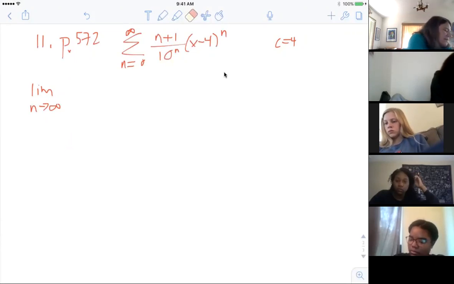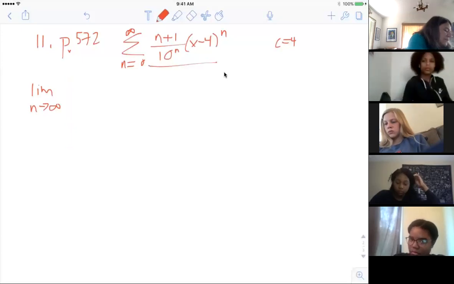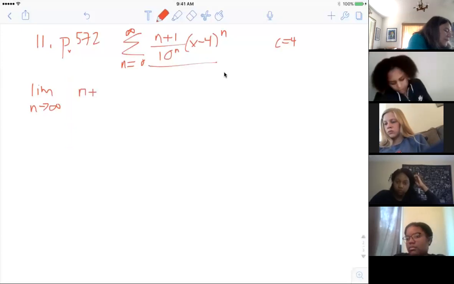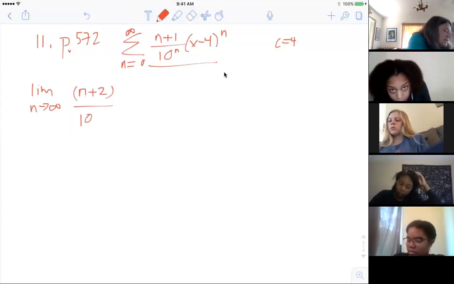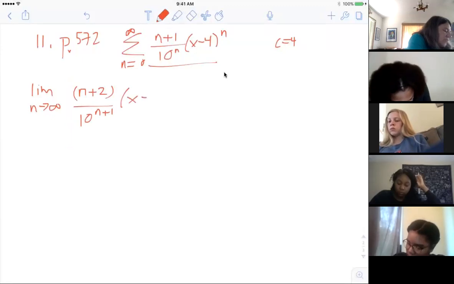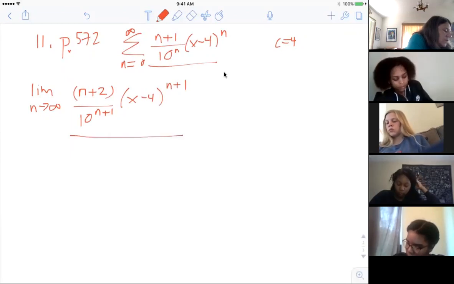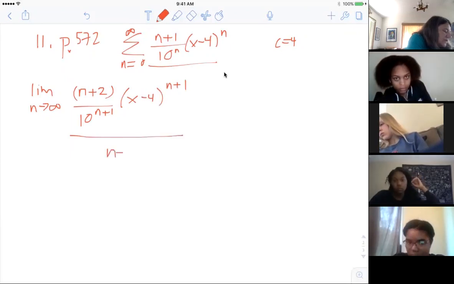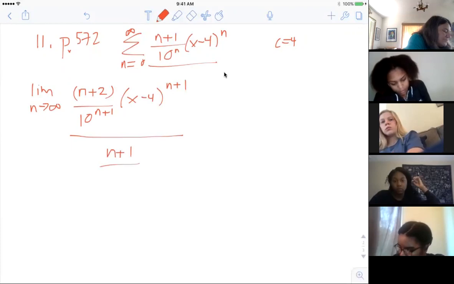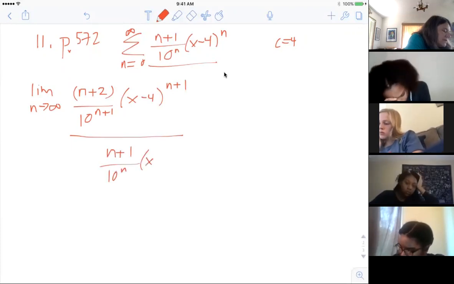So first of all, I'm going to plug in n plus 1 everywhere here. So that'll be n plus 2 over 10 to the n plus 1 times x minus 4 to the n plus 1, all over the series itself, n plus 1 over 10 to the nth times x minus 4 to the nth.